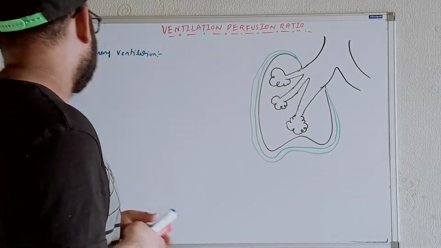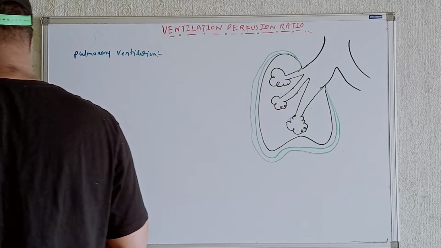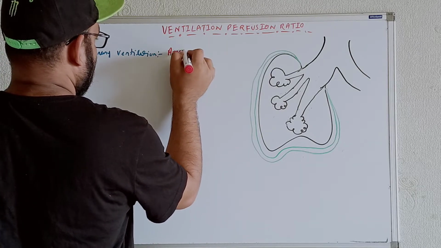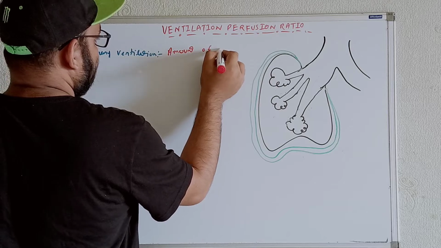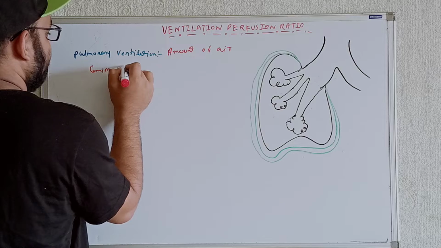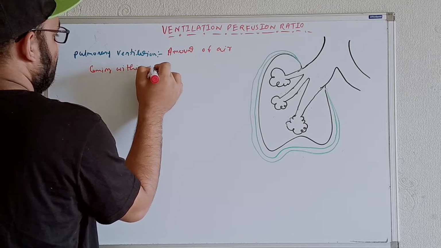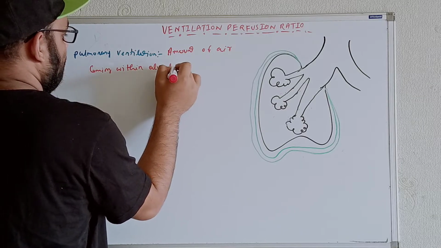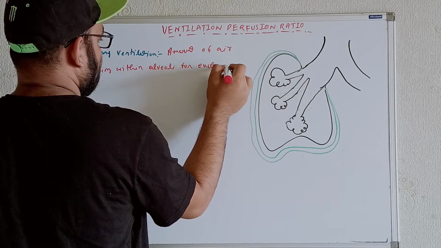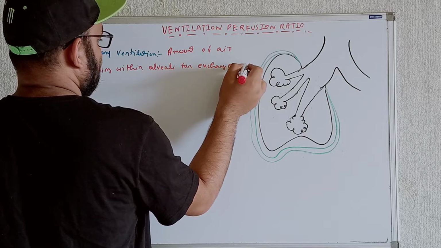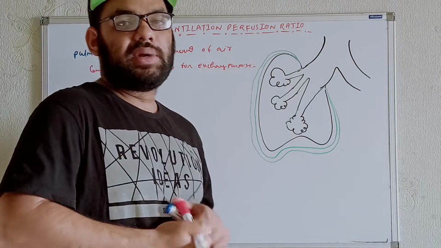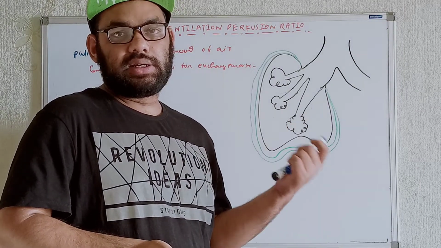So we can write here: the amount of air coming within the alveoli for exchange purpose. Because whenever we are taking in air, we are definitely taking fresh air, the oxygen containing air.